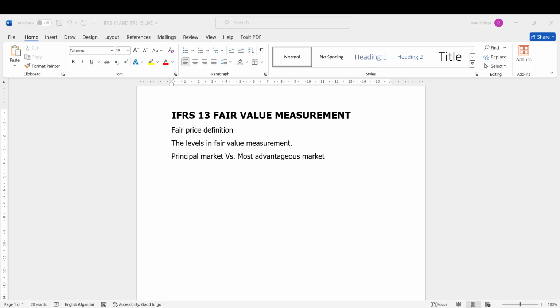Both parties should know about majorly those. Okay. You are talking about what we call orderly transactions.